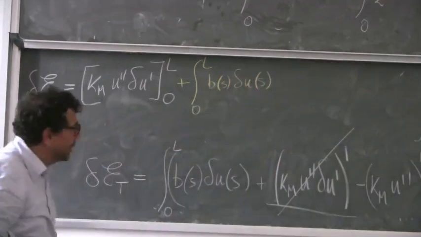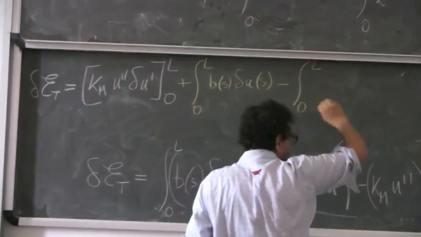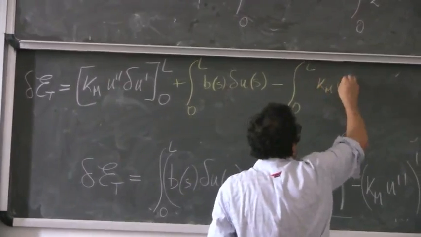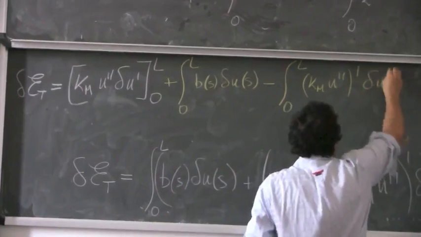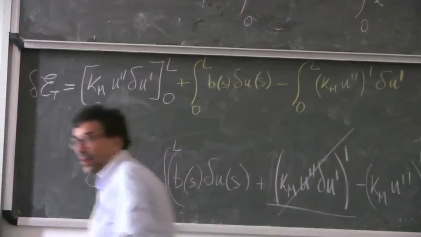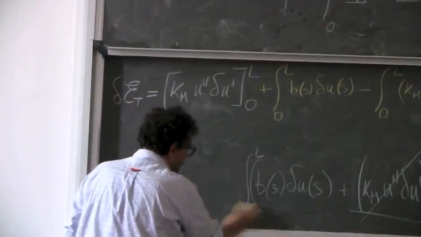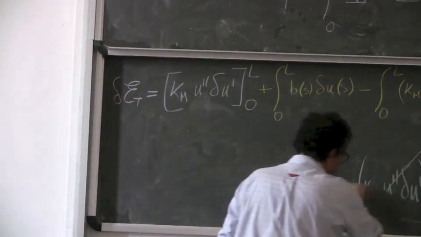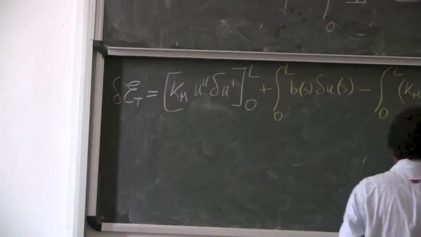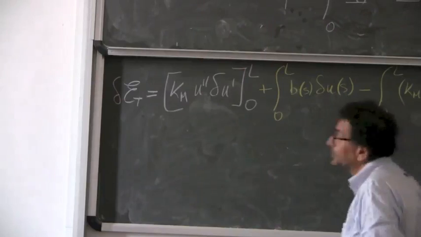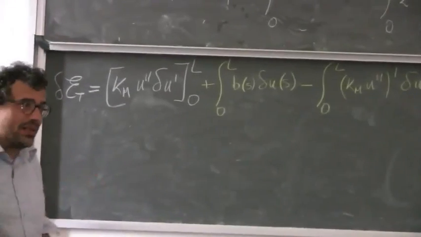And then we have minus integral 0 L of Km u second prime delta u prime. Okay? We integrate by parts in order.